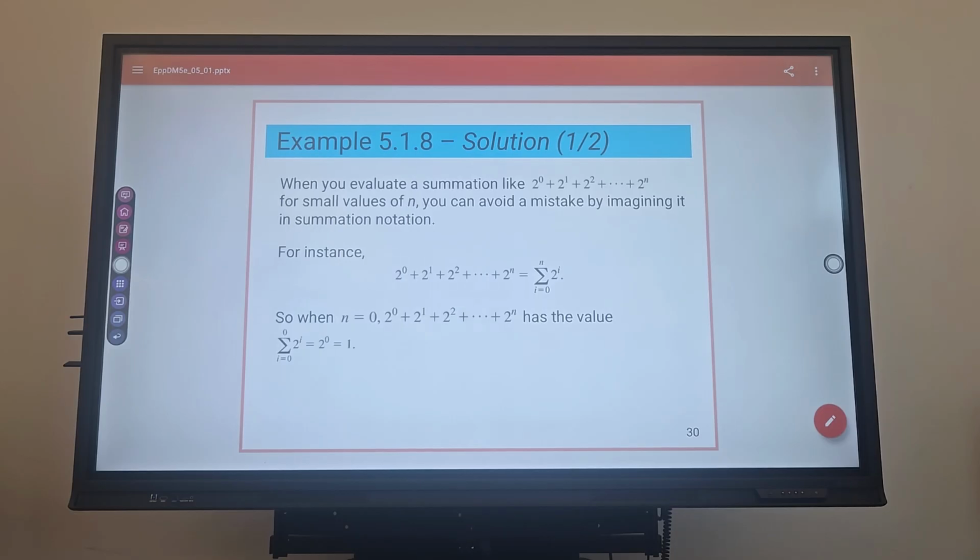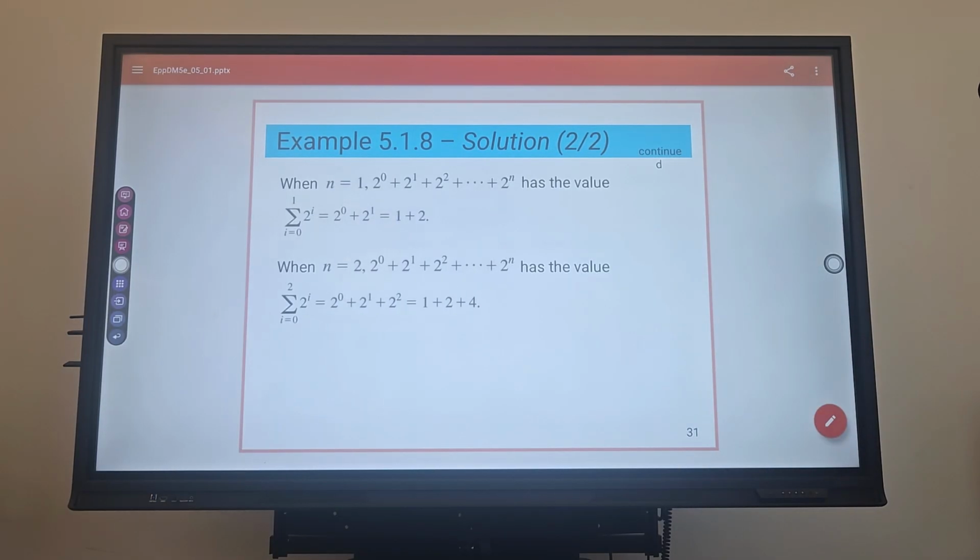But when n equals 0, it would be 2 to the 0, which is 1. I guess you can see it helps you see where the n goes and the i goes and how it iterates. When n equals 1, it's 2 to the 0 plus 2 to the 1. And when n equals 2, it's 2 to the 0 plus 2 to the first plus 2 to the second, which is equal to 7.